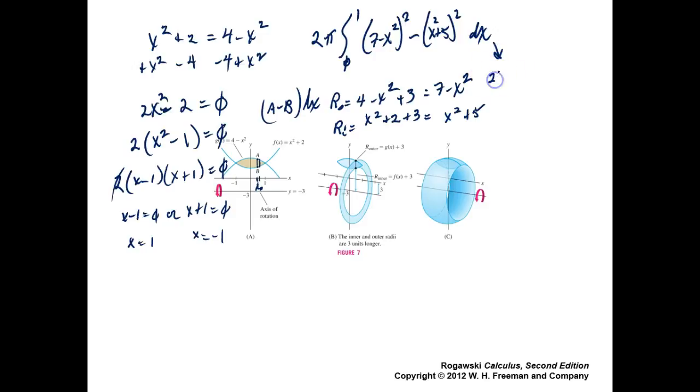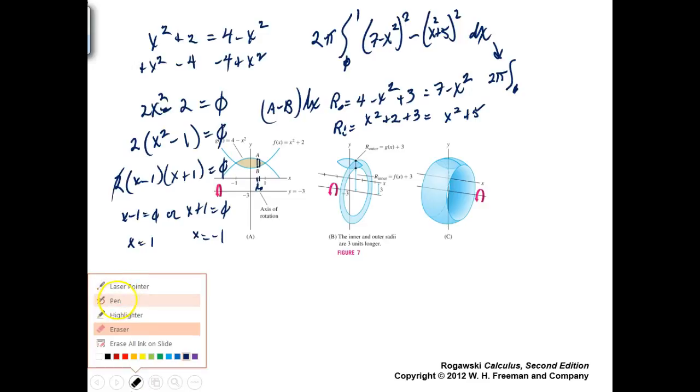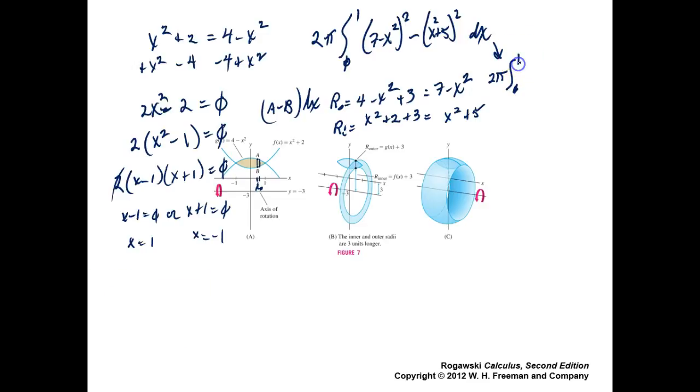This will be 2 pi times the integral from 0 to 1. The 2 is because we're doubling it, what it would be from minus 1 to 1. The pi is from the area of those circles, and the pi is common to both.